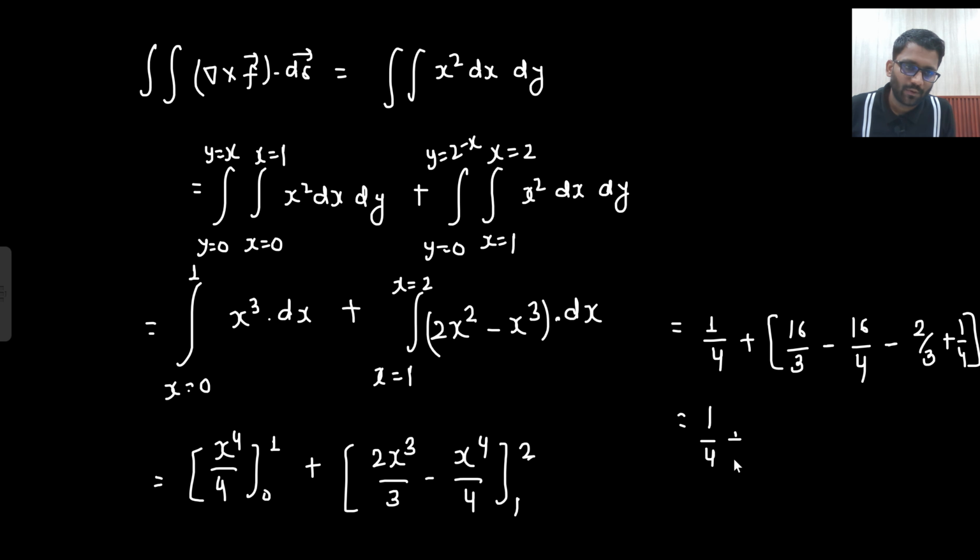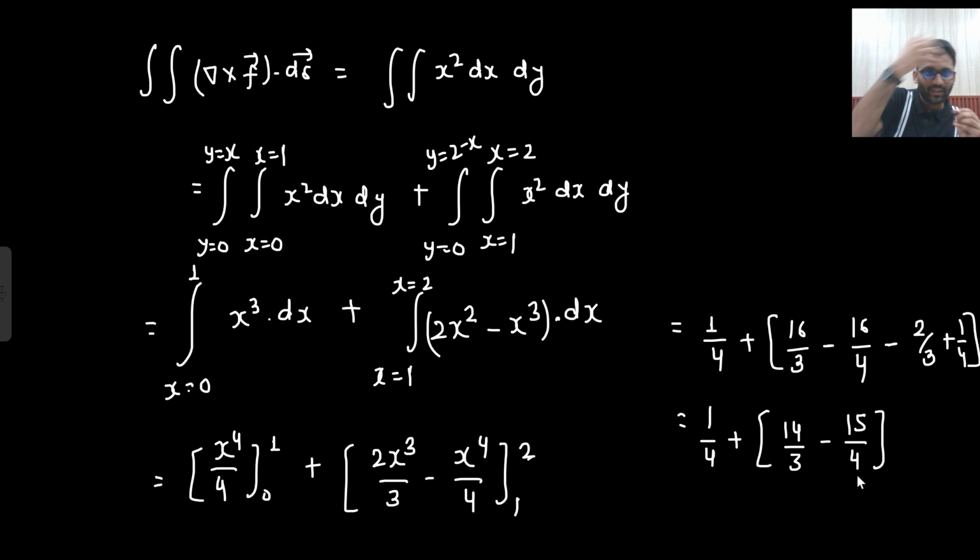Okay, so 1 by 4 plus 14 by 3 minus 15 by 4. Am I doing it correctly or is there some calculation mistake?